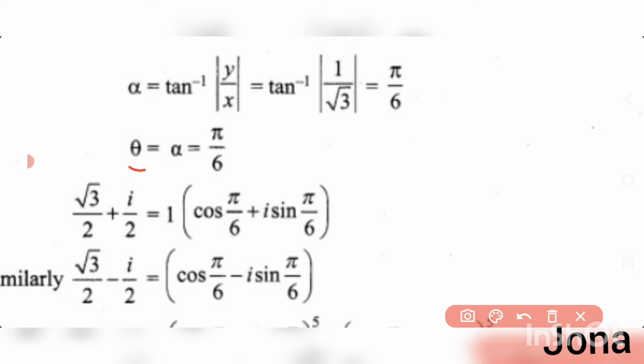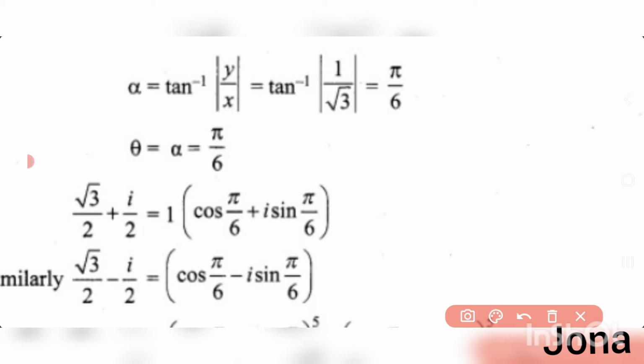All the values will be positive in the first quadrant, so theta equals alpha, pi by 6. And then we can write the polar format of the first bracket: root 3 by 2 plus i by 2 equals, r is 1 here and theta is pi by 6, cos of pi by 6 plus i sin of pi by 6.